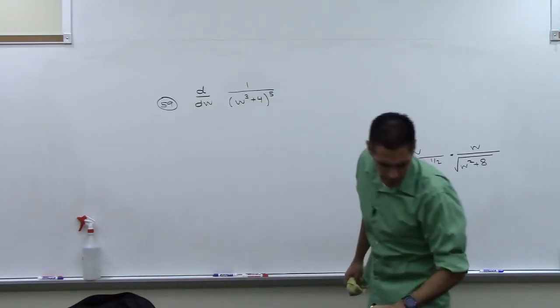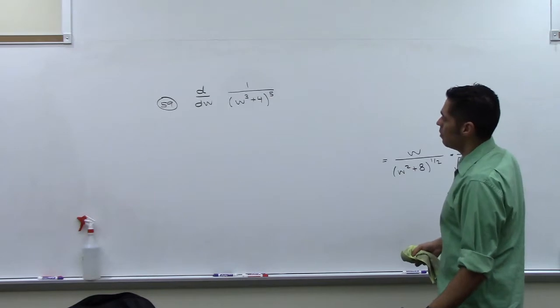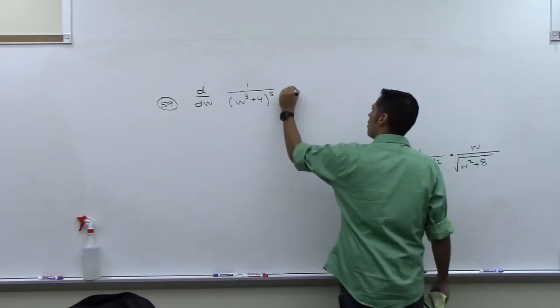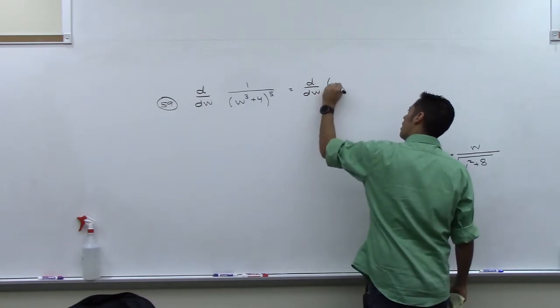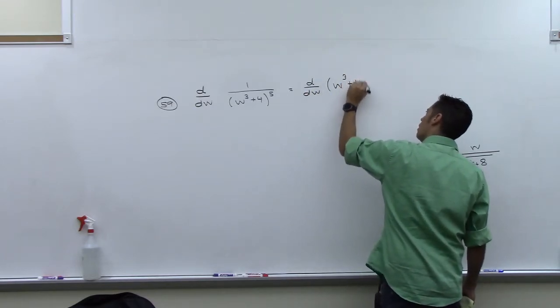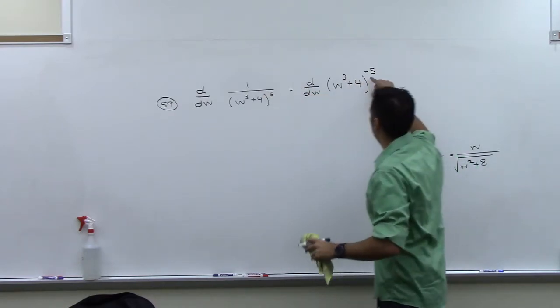Make sure I got that right. Yes. All right, now before I can do anything, I need to first try and rewrite this. So I want this derivative d/dw, I want to rewrite this as w cubed plus 4 to the negative 5. So what I'm doing is I'm bringing this up as a negative power.